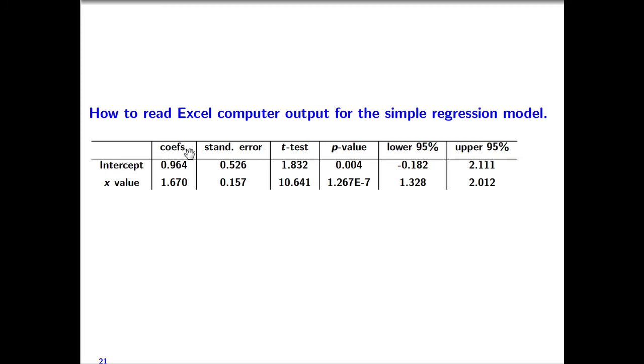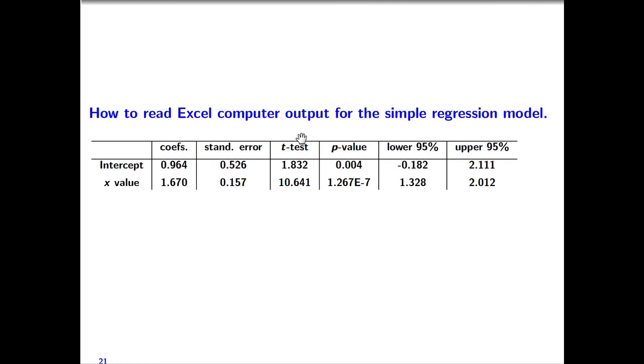You have these coefficients, 0.964 and 1.670. So this will be our B0, and this will be our B1. And then this is standard error, and this is SB0, and this will be SB1, the standard deviations for B0 and B1.